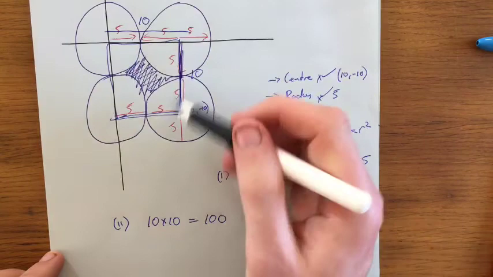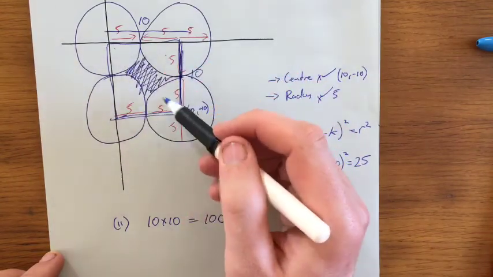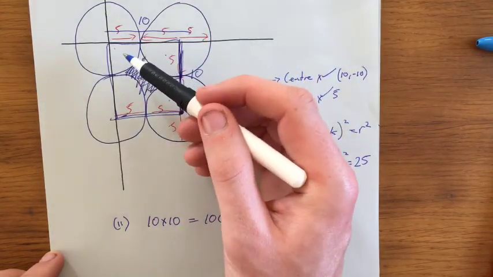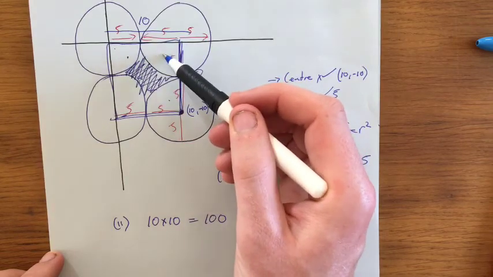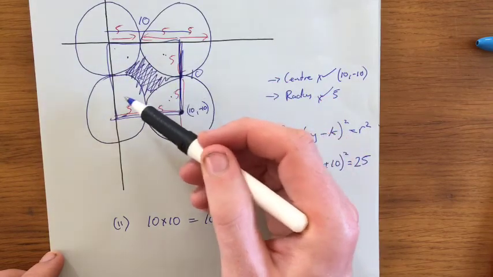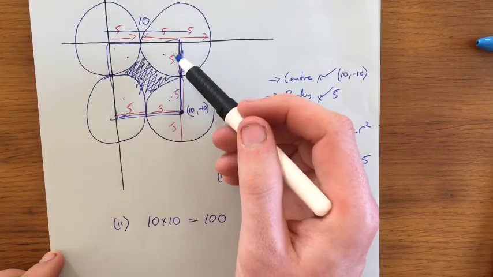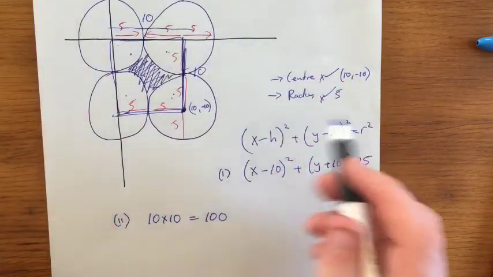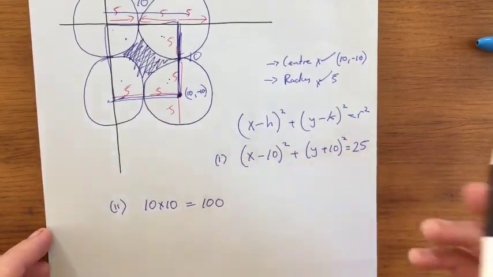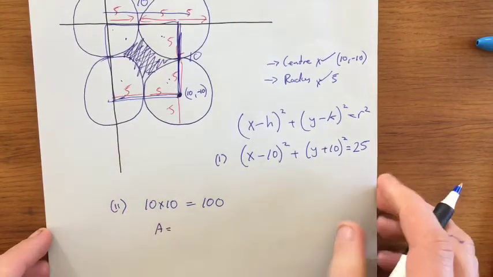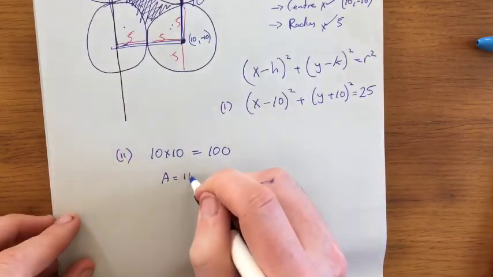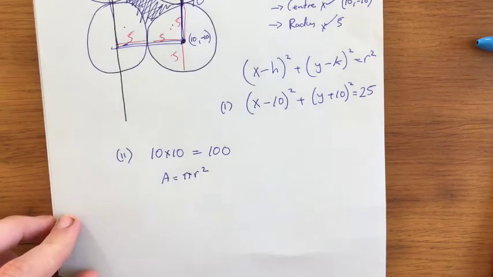But we don't want the full square. We don't want these white bits here. We just want the blue parts. But if you think about it, this white part, that one and that one, they are all a quarter of a circle. So they would all come together to make a full circle. And how do you find the area of a full circle? Well, the formula is in your log tables. It is pi r squared.